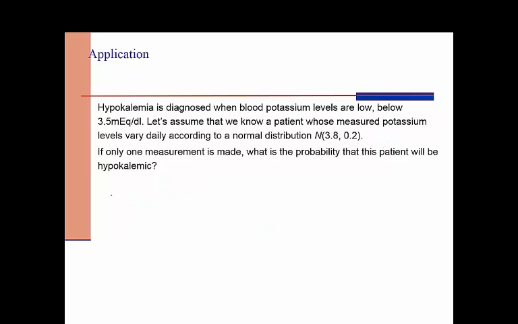For the first part, think about computing the z-score. That's x minus mu over sigma, which is 3.5 minus 3.8 divided by 0.2, which is equal to negative 1.5.